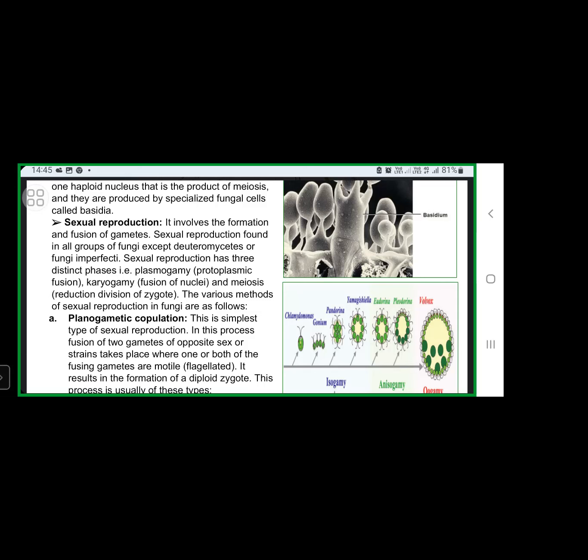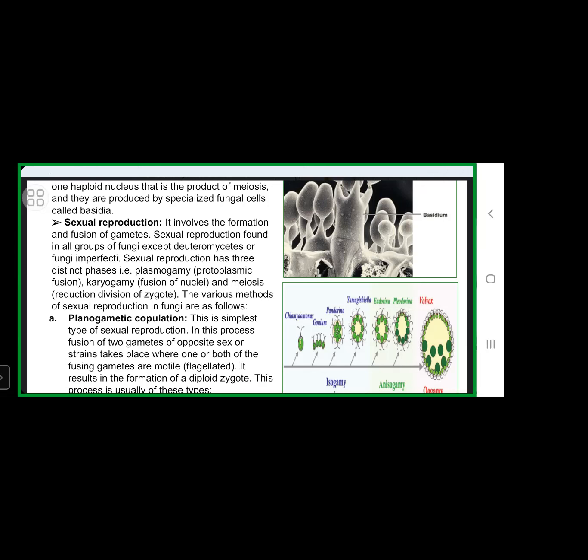The second type is gametangial contact. The third type is gametangial copulation. The fourth type is spermatization. The last one is somatogamy. These are the five different types of sexual reproduction methods you can see in fungi.